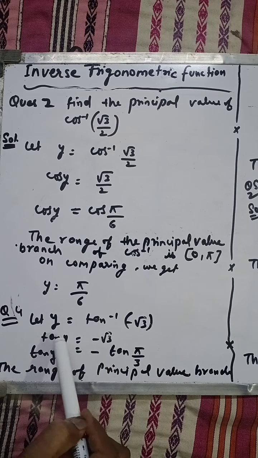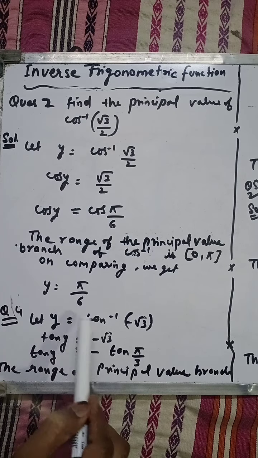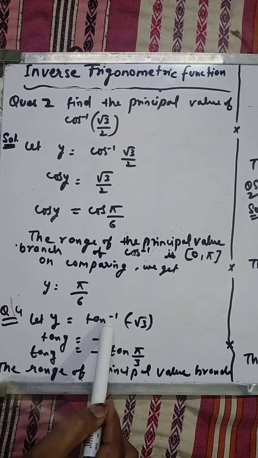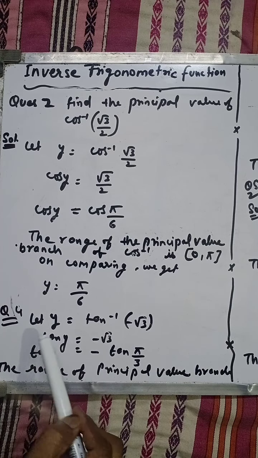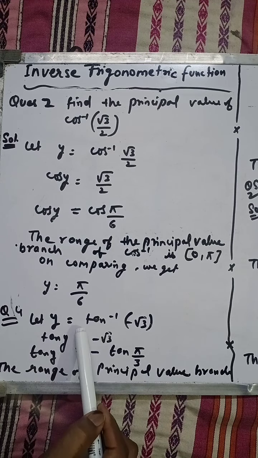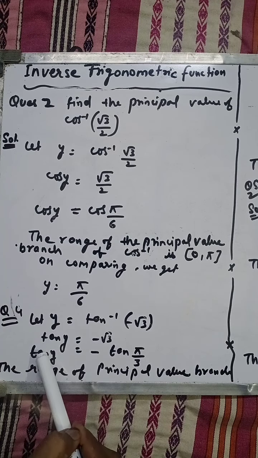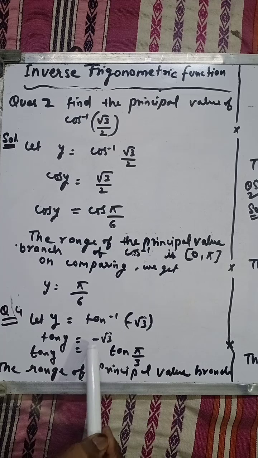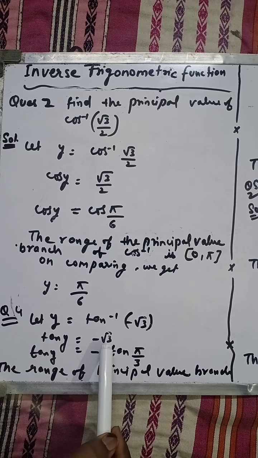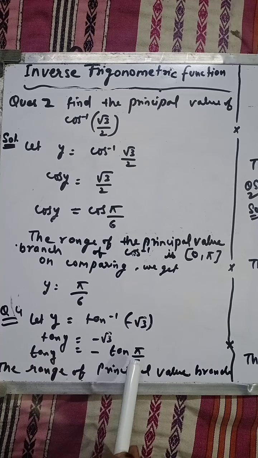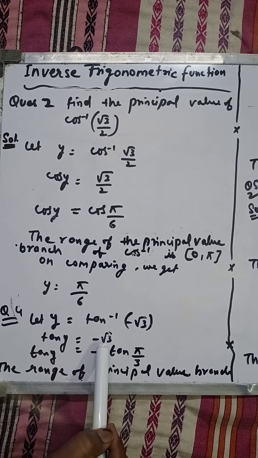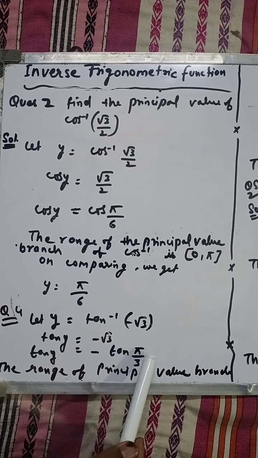Tan inverse will come on the left hand side, so it would be tan y equals to minus root 3. Tan y equals minus, which will remain the same, and tan pi by 3 is equal to root 3, because the value of tan at 60 is root 3.